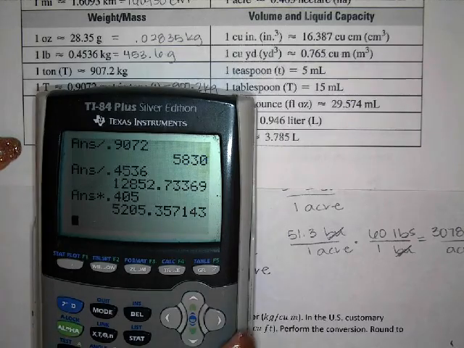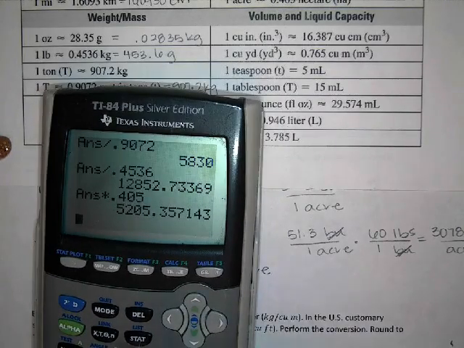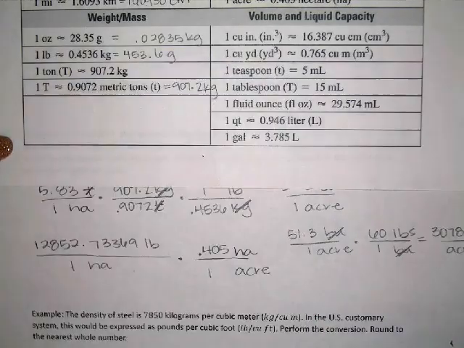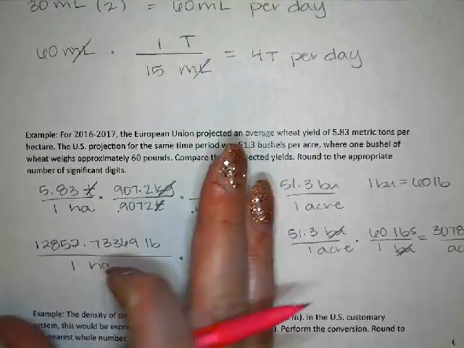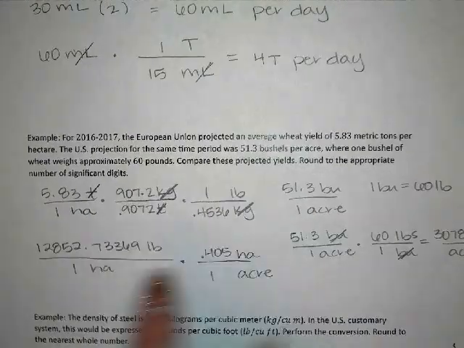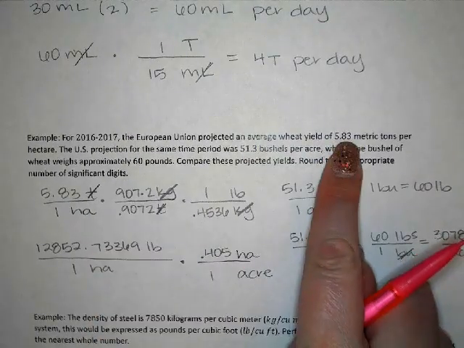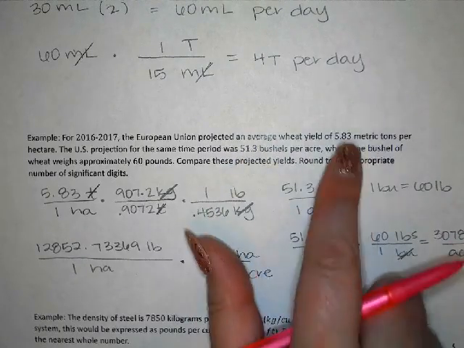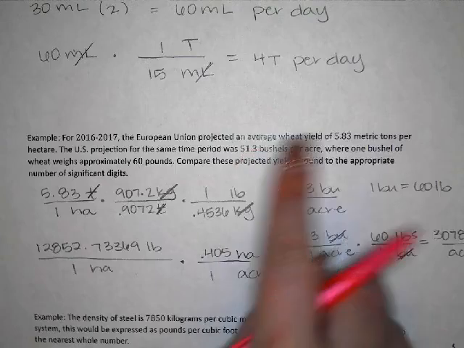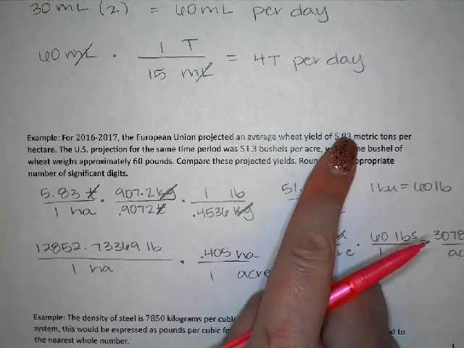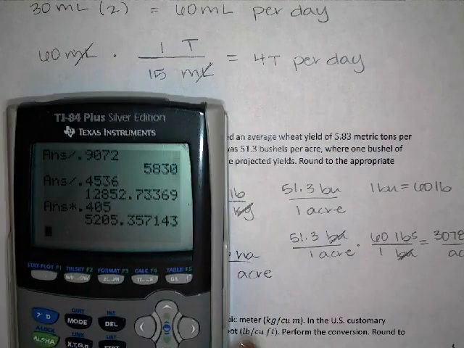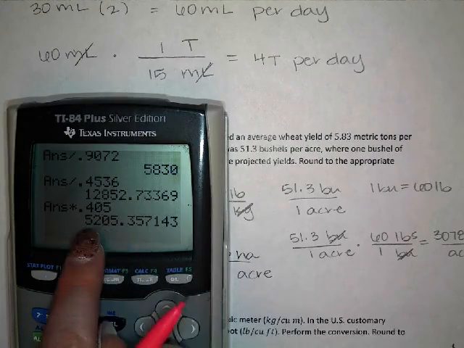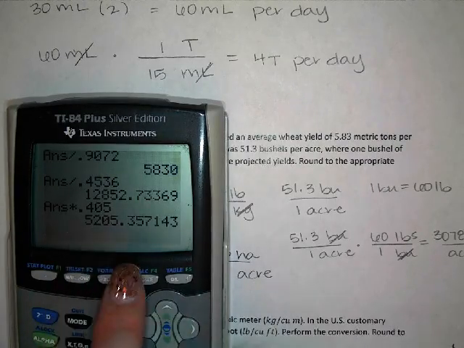So in the problem, we have 5.83 metric tons, 51.3 bushels, and so these are 3 significant digits, and so I'm going to round to 3 significant digits. So 1, 2, 3, the first 3 numbers are what I'm going to get. So the 5 here is going to round this up to a 1. So 5,210.